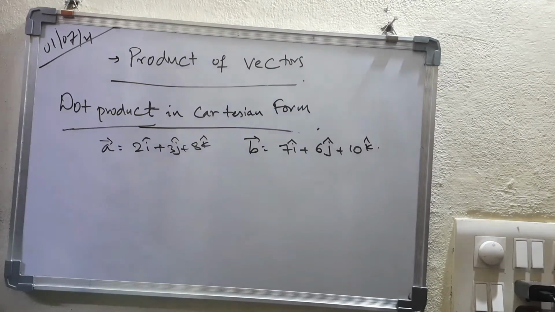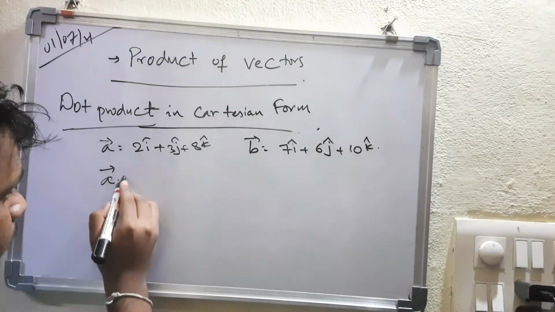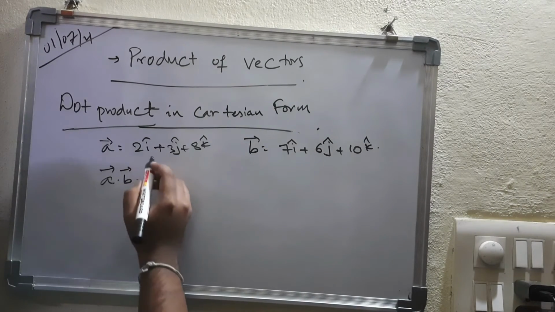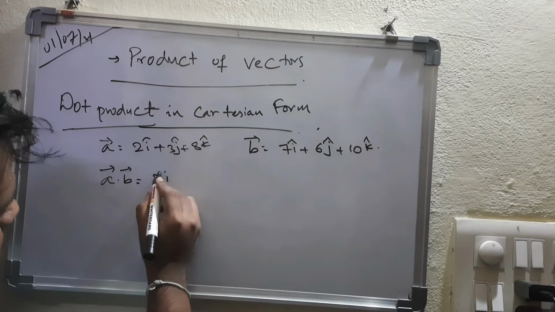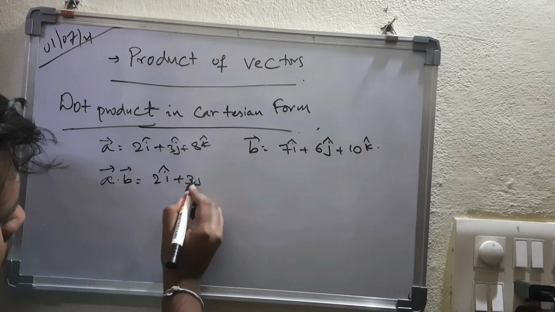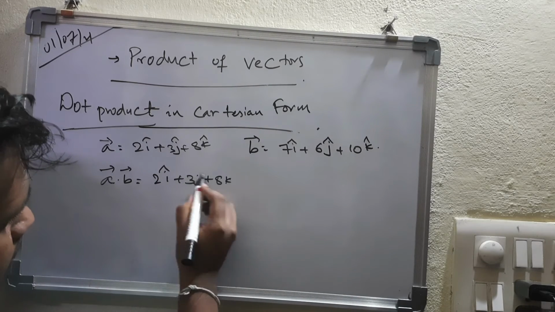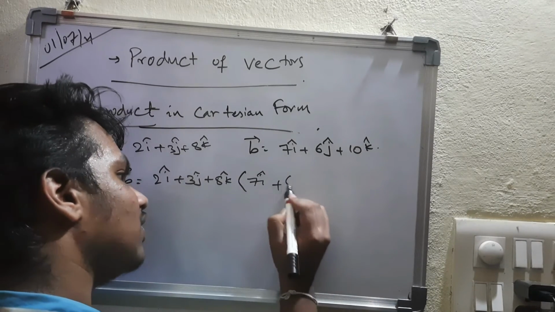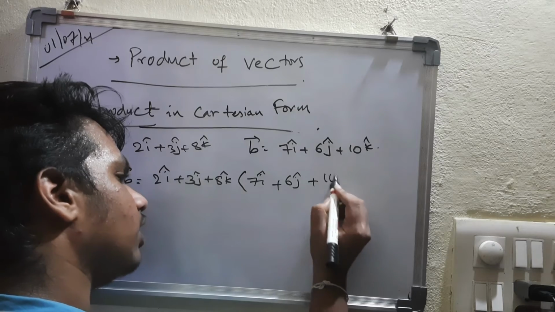Now A dot B will be (2i plus 3j plus 8k) into (7i plus 6j plus 10k).